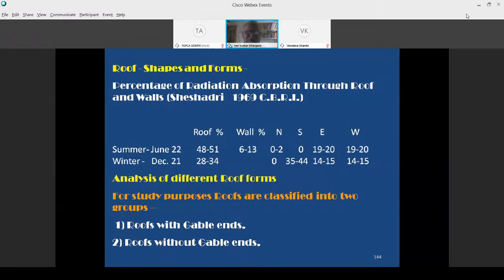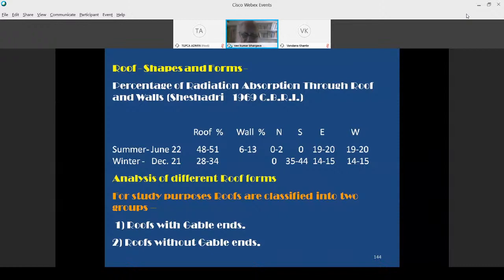Okay, friend. So I have my own study. I have classified various types of roofs into two groups. One is roof with gable end, where the roof is sloping and the wall is also triangular, following the shape of the roof. At the end, many times trusses are not required because the purlin will be resting over the walls.